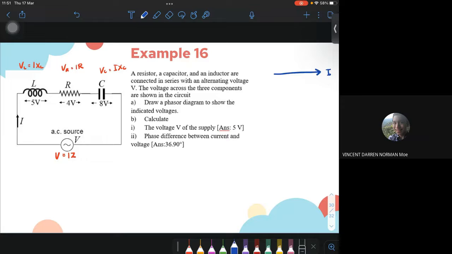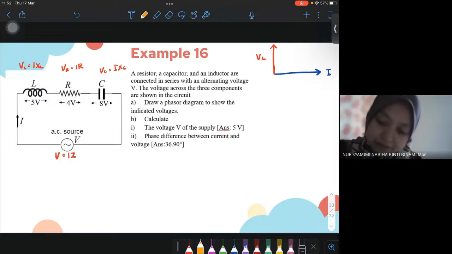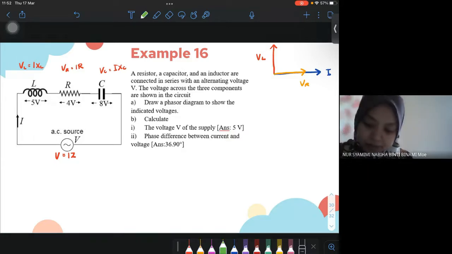Positive. Okay, so this is my VL. Panjang ke pendek VL ni? Pendek. Where is my VR? Positive. Okay, where is my VC? VC negative.